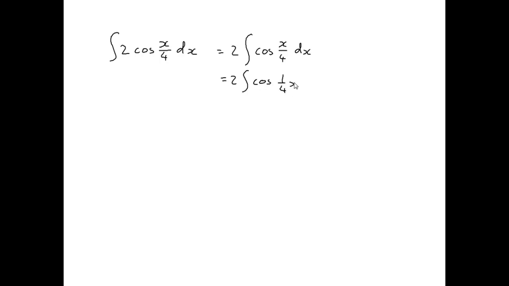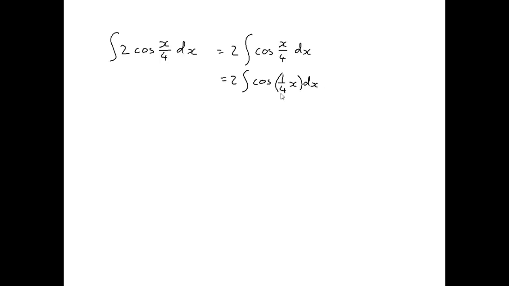Okay, next one I'm going to do is 2 cos(x on 4) with respect to x. First thing again, take the 2 out the front, cos(x on 4) dx. Now x on 4 is the same as 1/4 of x.